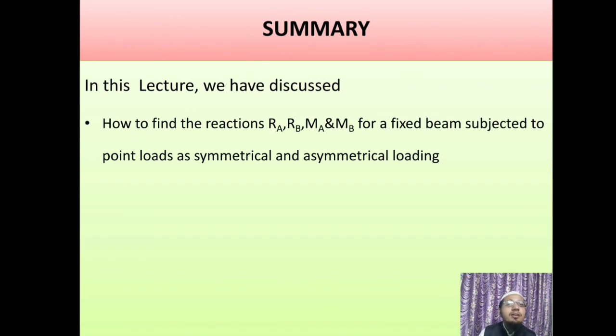We have discussed how to find reactions RA and RB and also fixed end moments MA and MB for a fixed beam subjected to point loads, as symmetrical and asymmetrical loading. So hope you have understood these things.